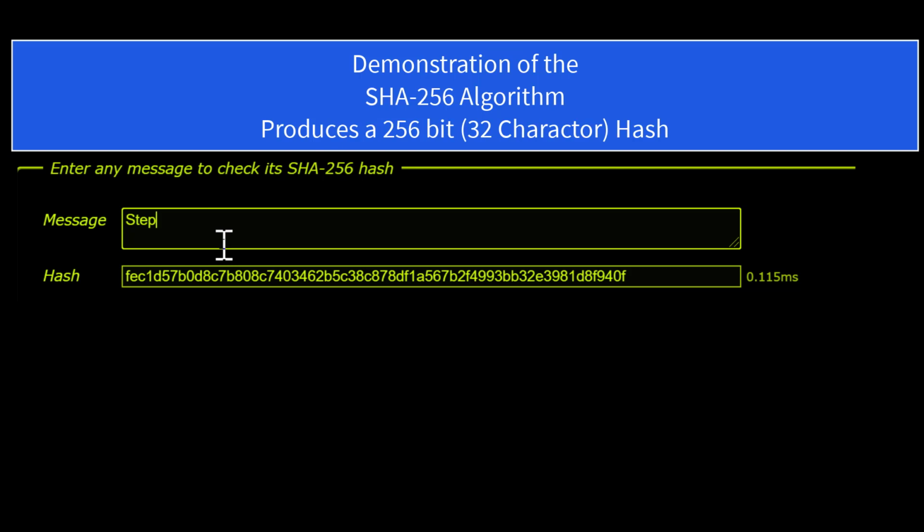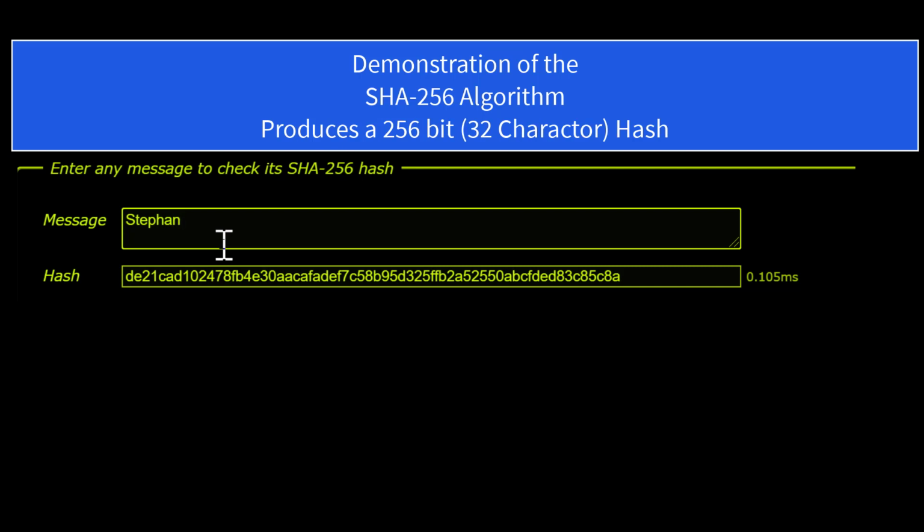And this is used to prove the integrity of something. If somebody sends me an email, for example, and the original email named Steven, it would have this hash result. But if somebody changed the spelling to STEPHAN, it totally changes the hash result.